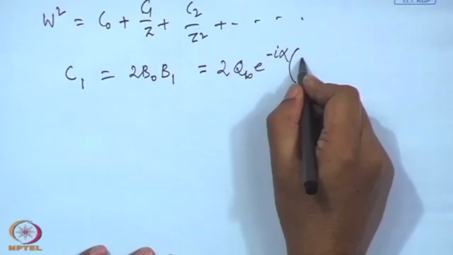So, from physical ground we can expect that source will not give any force, because it is not going to create any asymmetry anywhere, and force will be created only if the pressure is asymmetric. If there is no asymmetry in pressure, there will be no force, and since source gives symmetry in all directions, the source will have no contribution and we will neglect that part, and we will take only that I gamma by 2 pi.